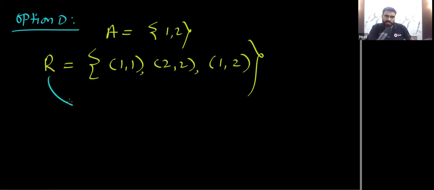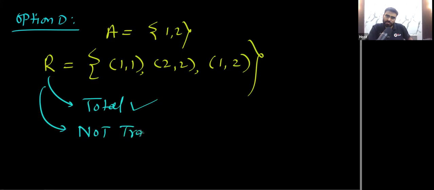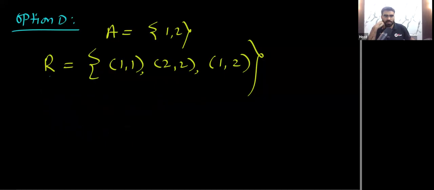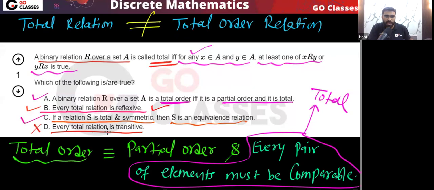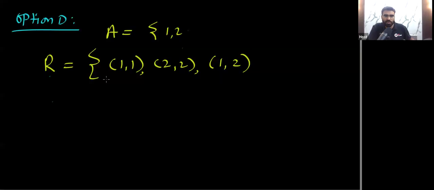You can easily see this is total. Sorry, this is actually transitive. Can you give me a counter example where you have a total relation, but you don't have a transitive relation? For option D, every total relation is transitive. Can you give me a counter example?